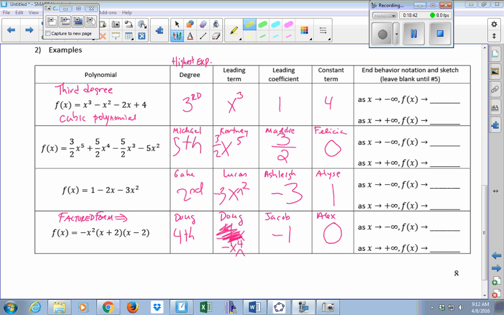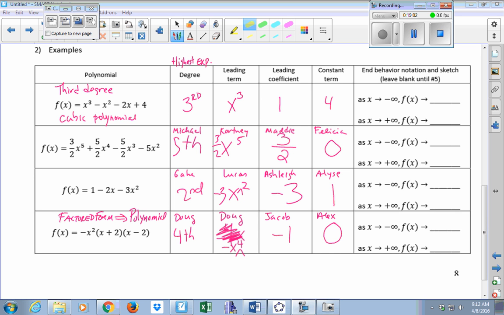In order to answer these questions, you have to put it in polynomial form. So you've got to convert this to polynomial. But let me give you a little clue. You have to convert it to polynomial to answer these other ones unless you can do all this factoring multiplication in your head.